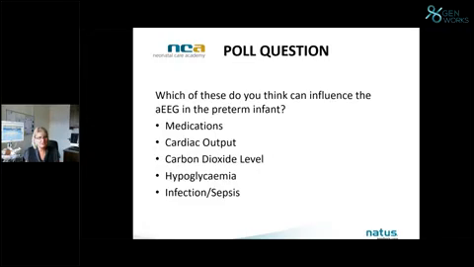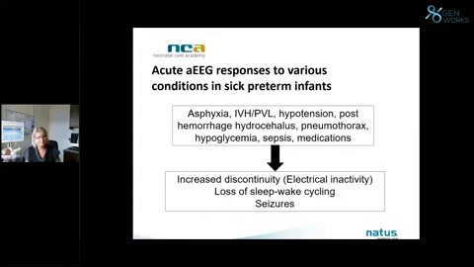So let's go through some of these just a little bit more. And in fact, yes, there can be very acute AEEG responses to various conditions in sick preterm infants. So it can be asphyxia, intraventricular hemorrhages, hypotension, absolutely, post-hemorrhagic ventricular dilatation, pneumothorax, hypoglycemia, medications.